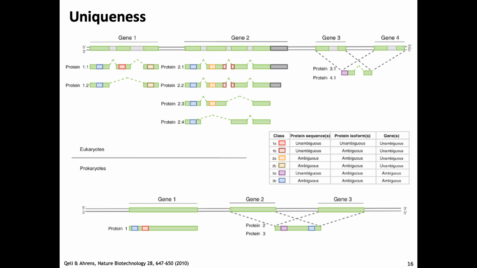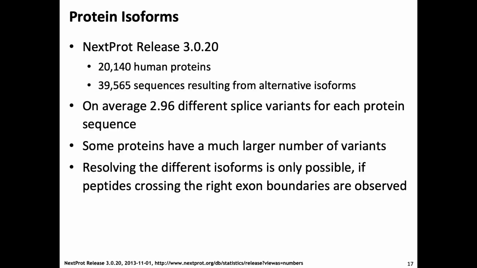And that brings us back to the question of how many of these isoforms there are. When we look into neXtProt, I looked at release 3, and there were 20,000 human proteins and 39,000 sequences resulting from alternative isoforms. So we have, on average, 3 different splice variants for each of these protein sequences.